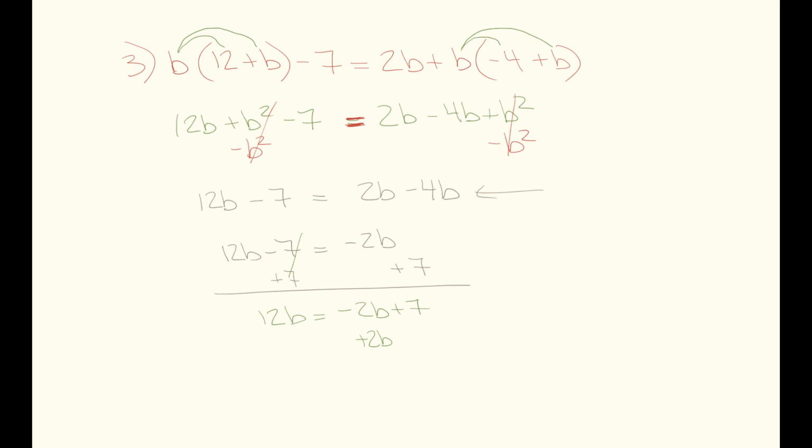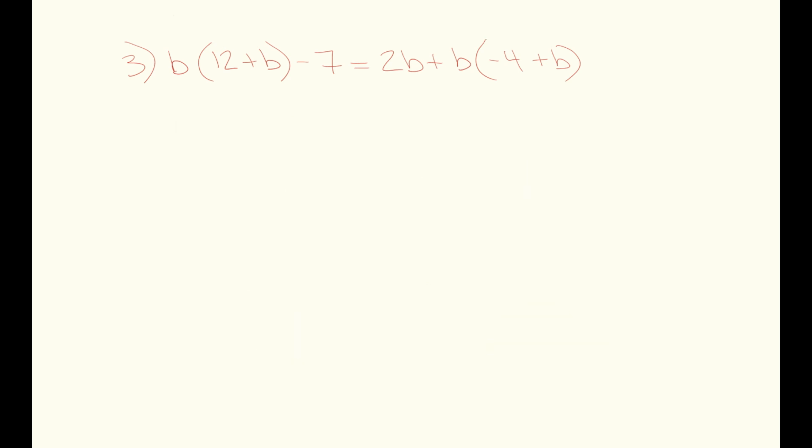The reason that I'm doing it this way is because I want everything to stay positive if possible. So that's why I wanted the 2b to come on this side instead of subtracting the 12b from the other. So 12b plus 2b is 14b, and that equals 7. Divide both sides by 14, and we get b equals 7 over 14, which we can simplify to 1/2.